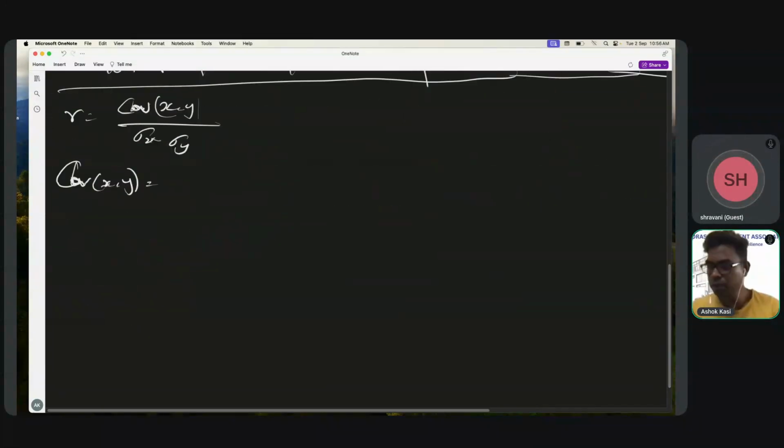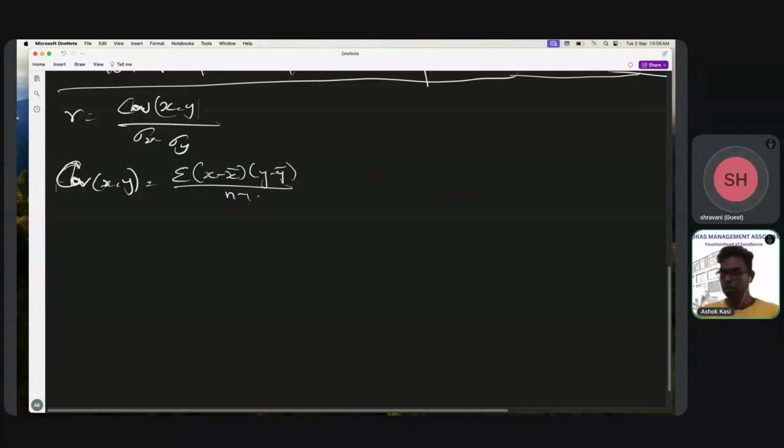Okay, covariance of x comma y is summation of x minus x bar into y minus y bar divided by n minus 1. So what do I require now? I require x minus x bar into y minus y bar. So summation of x minus x bar into y minus y bar.